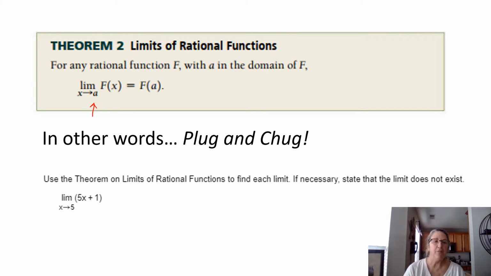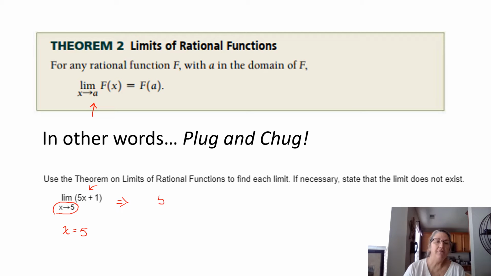So, for example, we're going to use the theorem of limits of rational functions to find the limit, and if necessary, we'll state that the limit does not exist. I want you to notice that we're looking at the limit as x approaches 5. So we're going to use x equals 5 and plug it into the function.